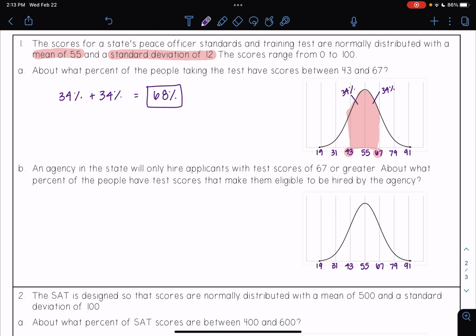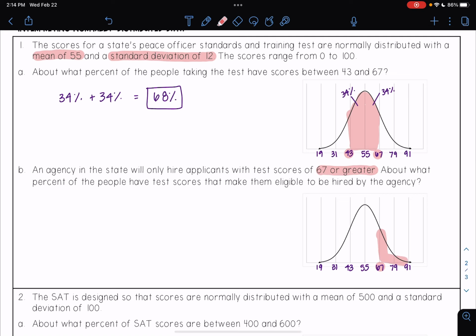Part B says, an agency in the state will only hire applicants with test scores of 67 or greater. About what percent of the people have test scores that make them eligible to be hired by the agency? So here we're looking at test scores of 67 or greater. So we're looking at the probability that X is greater than or equal to 67. I want to see 67 here, and I want all scores greater than it. That's going to be everything over here.